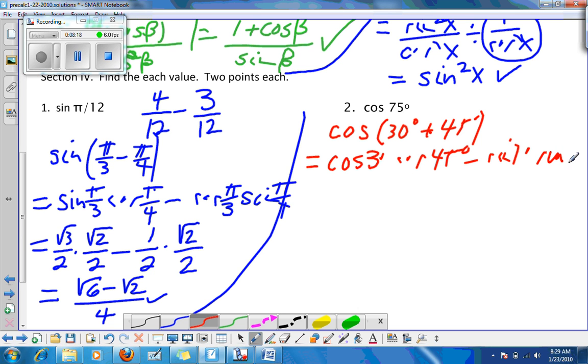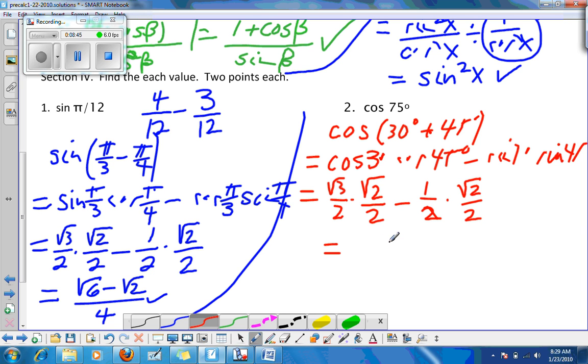And then we plug in from here. Cosine of 30 is radical 3 over 2. Cosine of 45 is radical 2 over 2. Minus the sine of 30 is 1/2. And the sine of 45 is radical 2 over 2. And again, simplifying, we're going to get the same thing we got in number 1 over here, radical 6 minus radical 2 over 4.